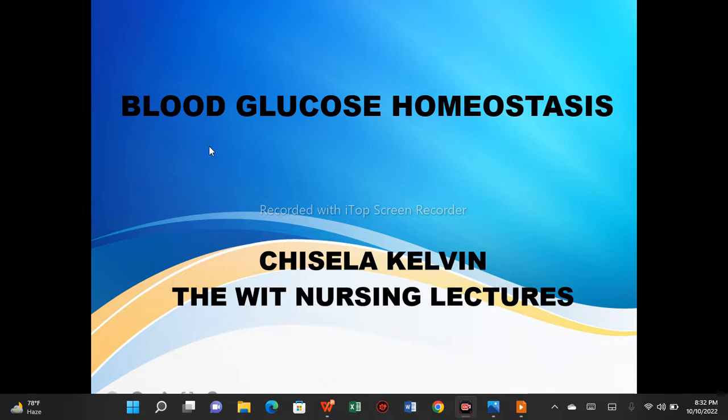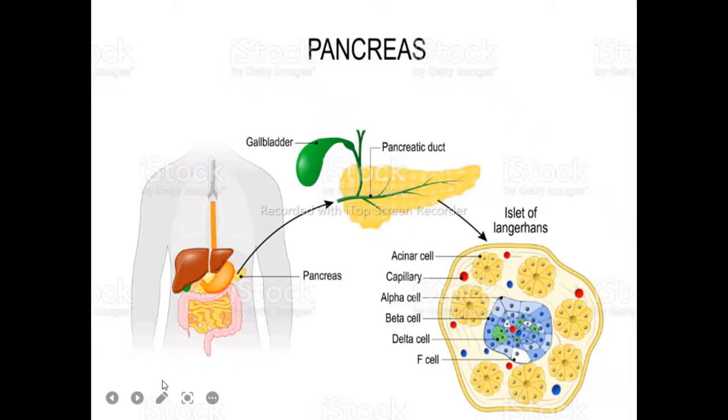In this video, we are going to talk about blood glucose homeostasis. First of all, let's look at this image which is showing the pancreas.